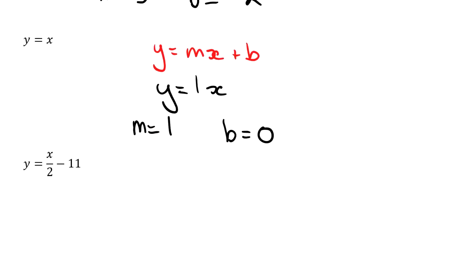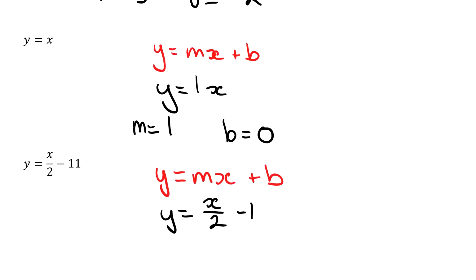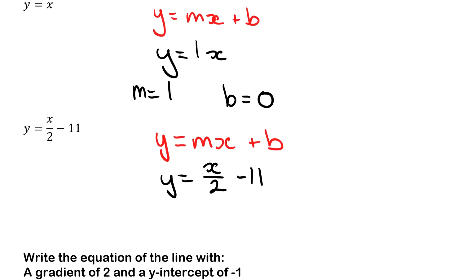Here we have another form. So I'll write our gradient-intercept form here. Underneath, I will write what we were given. Now to write this in a form that might be more easily seen, I'm actually going to change the x over 2 to 1 over 2 x minus 11.